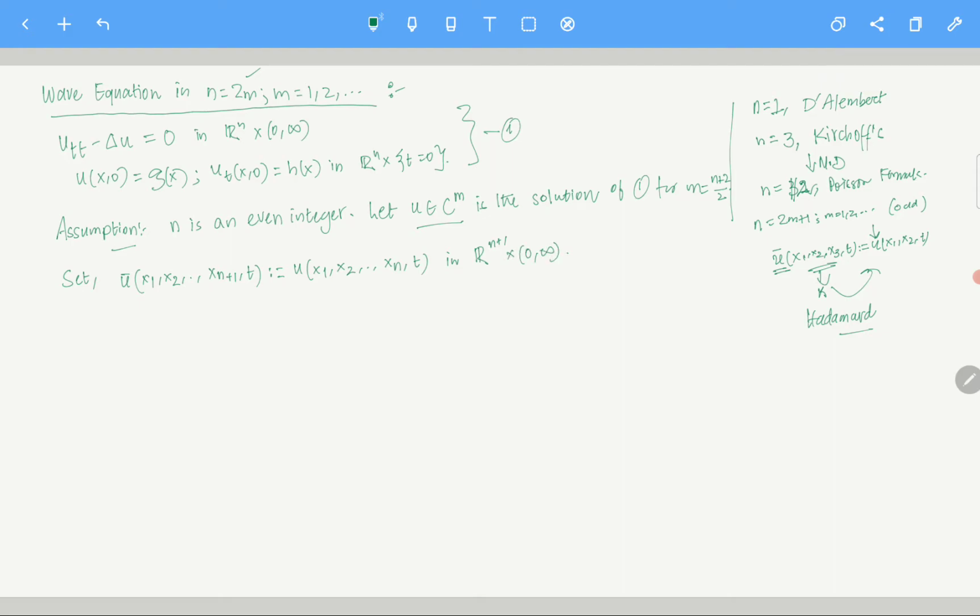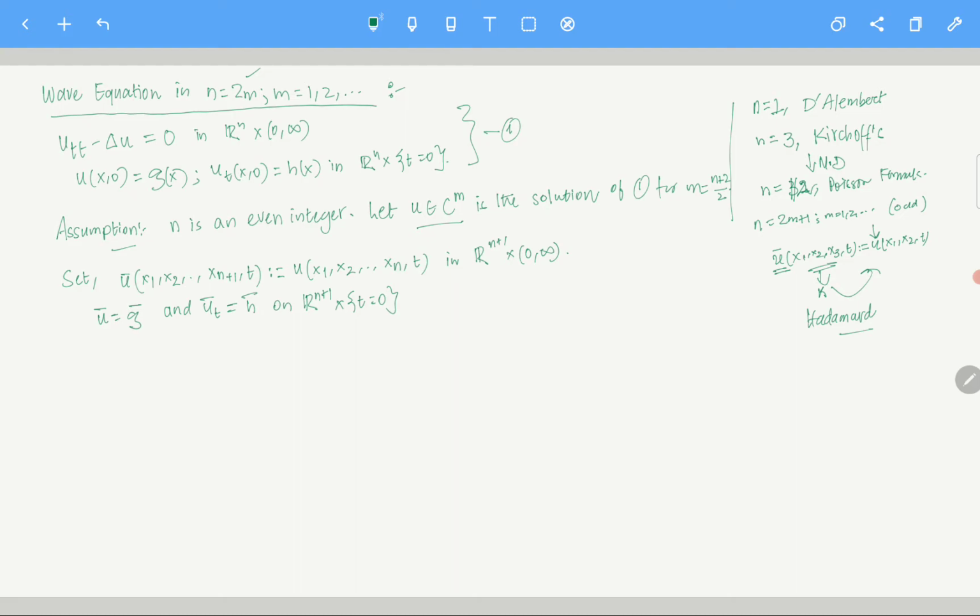Clear? And what is the initial condition? The initial condition is u bar equals g bar, and u_t bar equals h bar, on R^(n+1) cross t equals 0.